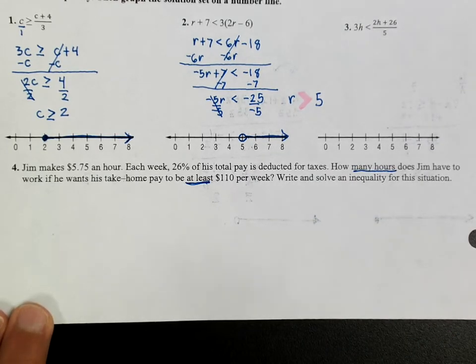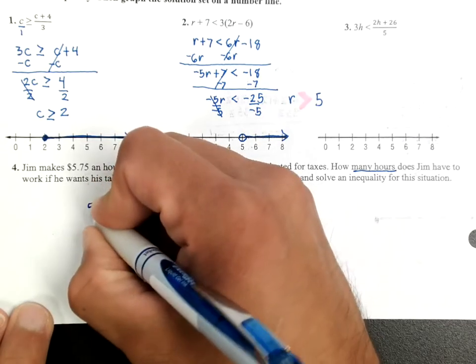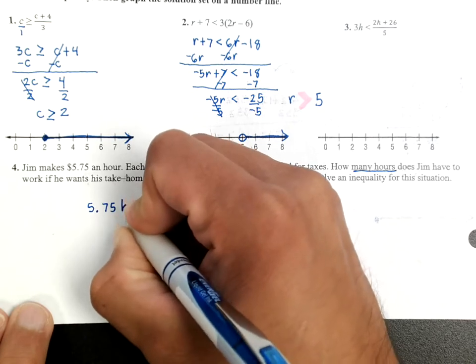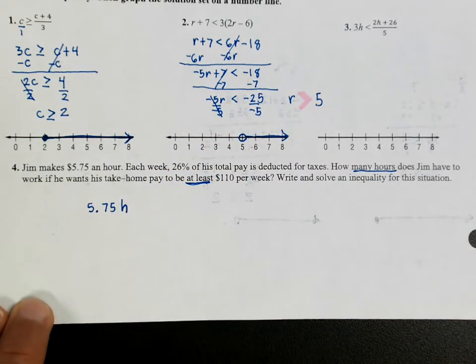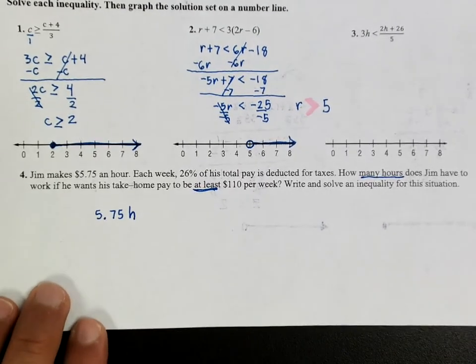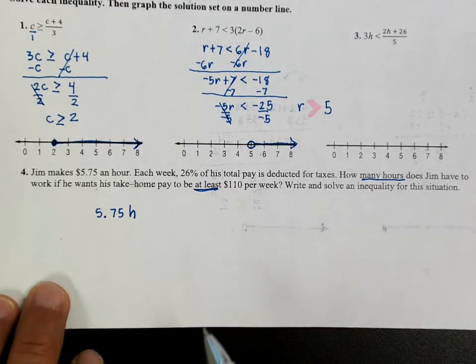So if Jim makes $5.75 per hour, if I multiply this by the hours, I would have the amount of money he's making per week. However, it says that 26% of that is deducted for taxes. Now, if you think about it, if somebody's deducting 26% off your paycheck, well, you should have 74% of your paycheck.